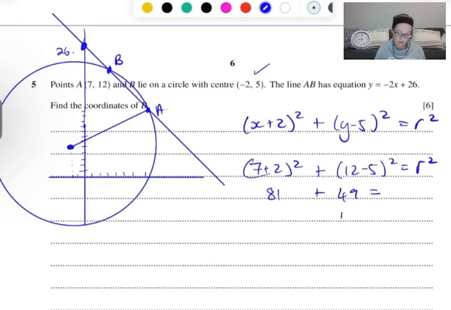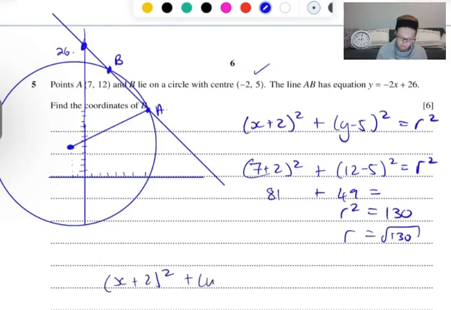Sorry, so my r squared is 130. So my r is root 130. Maybe I'm just going to leave it like that for now. So my circle equation is (x plus 2) squared plus (y minus 5) squared is equal to 130.